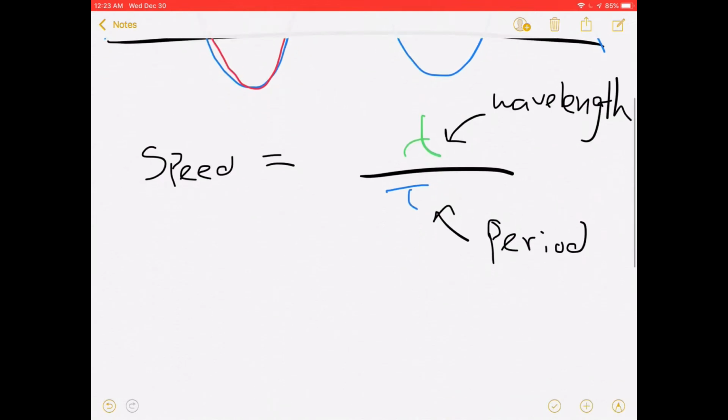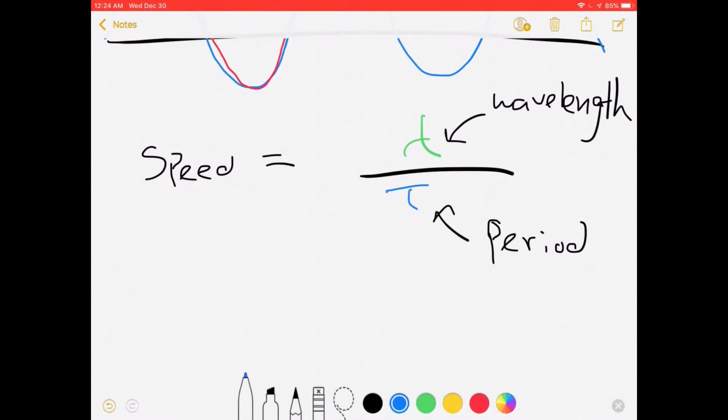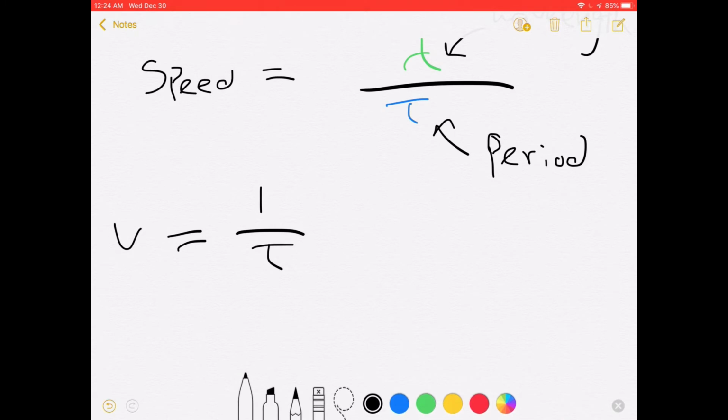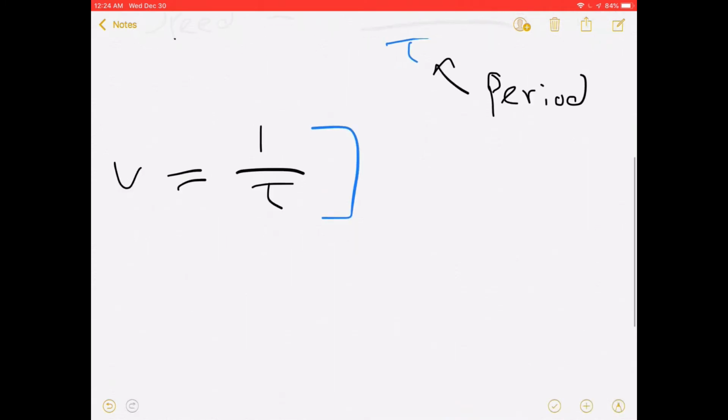Perfect. But let's go ahead and dig a little bit deeper into this. In the previous video, we discussed how the frequency, v, is equal to 1 over T, 1 over the period, I should say. Now, let's continue on with this equation and develop it a little bit more. Let's try and get the period on one side.